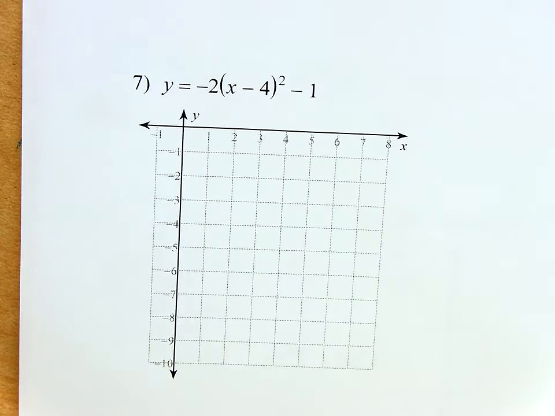So tell me what 7's going to look like. Down. It's going to be down and more narrow, okay? Try 7, and then I think we should do absolute value today, and then we'll be done.